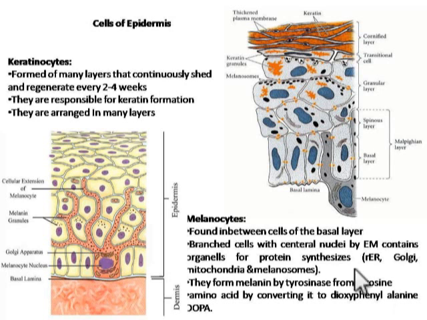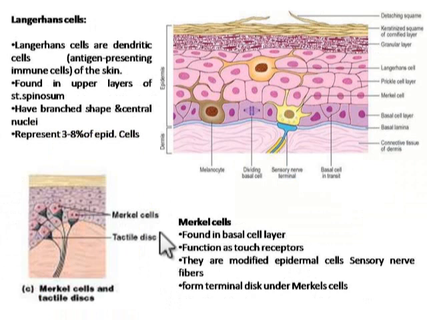And next is the Langerhans cells. Langerhans cells are dendritic cells of the skin found in the upper layer of the stratum spinosum. They are branched in shape and have central nuclei and represent about 3 to 8% of the epidermal cells.